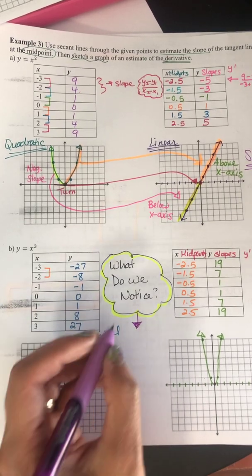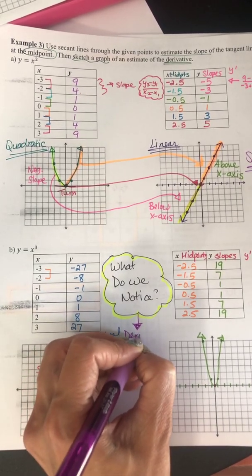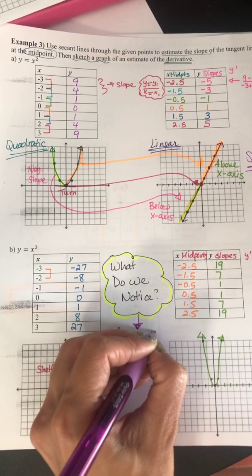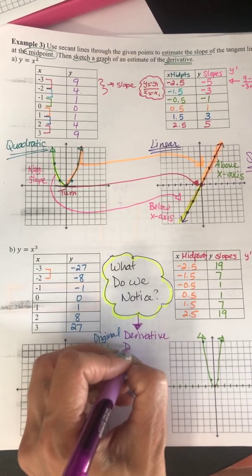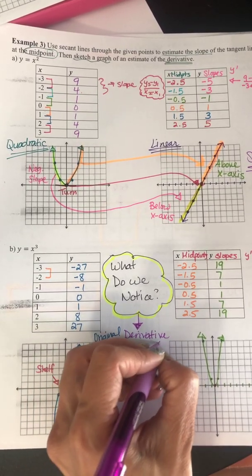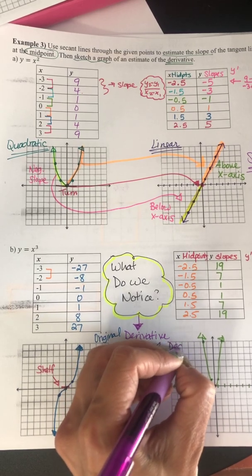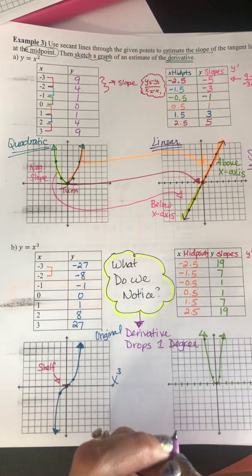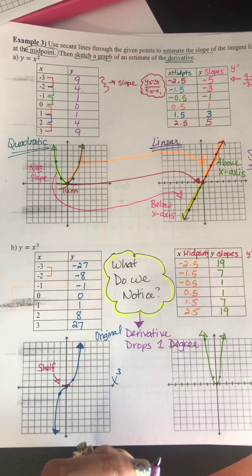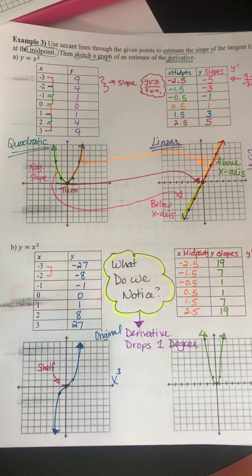We can say the derivative drops 1 degree. Once we start seeing a pattern, we can assume that pattern is going to continue. That helps us when we're trying to figure out what the derivative function is going to look like.